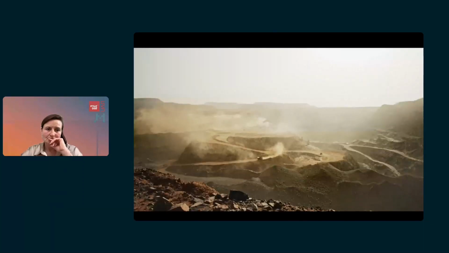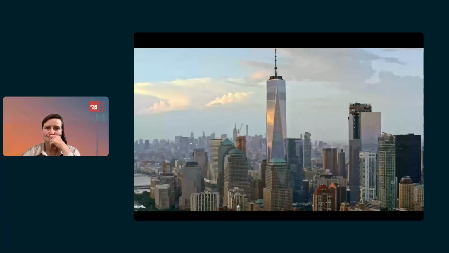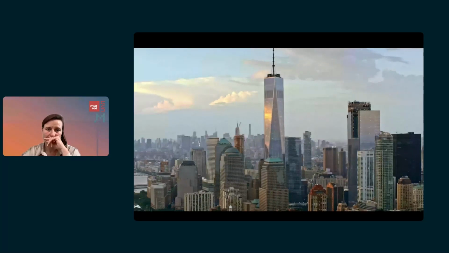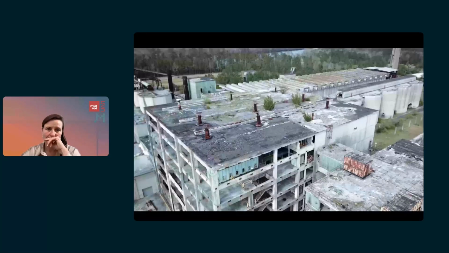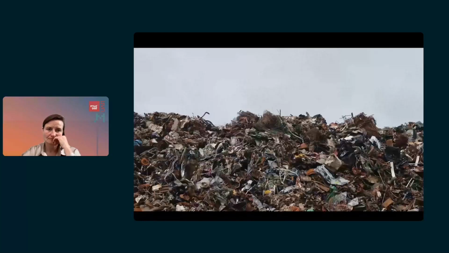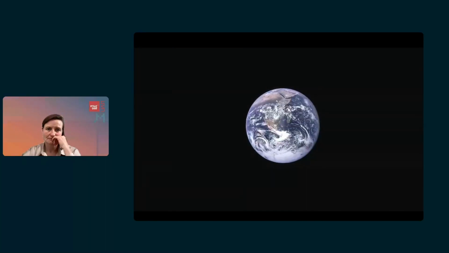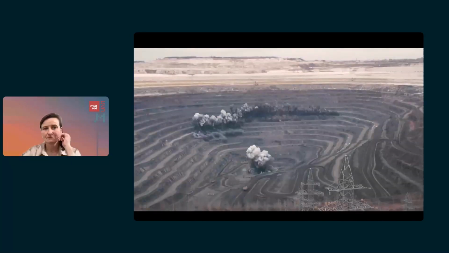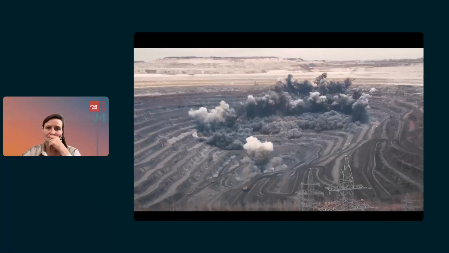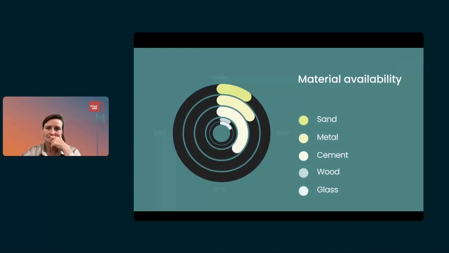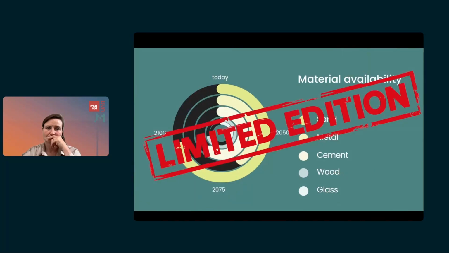In a linear economy, materials get wasted. Finitely available. Mining, construction, consumption, demolition, waste. Depreciated buildings, materials without an identity. The Earth is a closed system. Once it's gone, it's gone. In a closed system, all materials are limited editions.